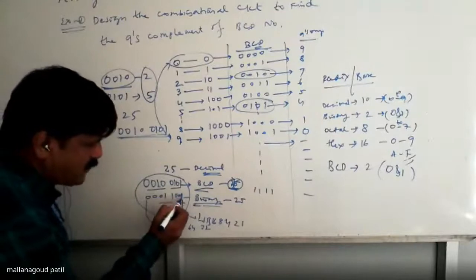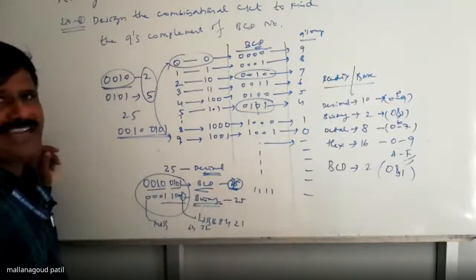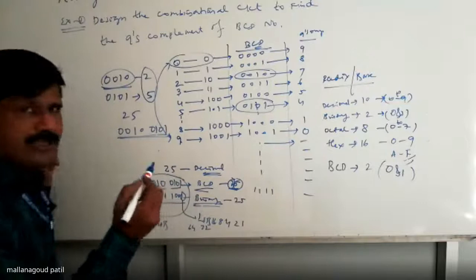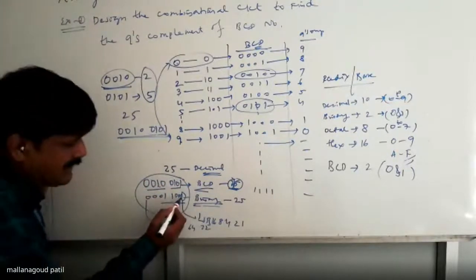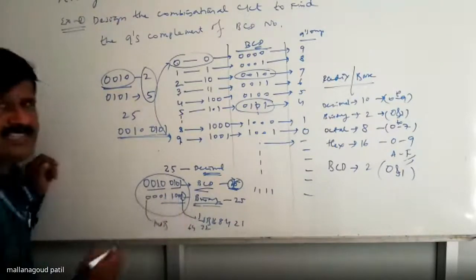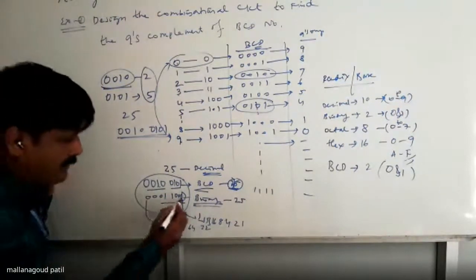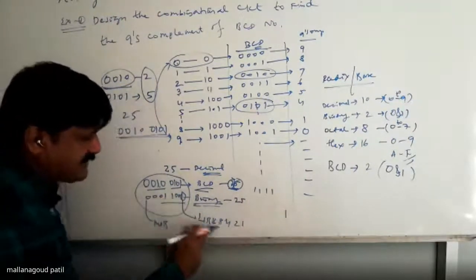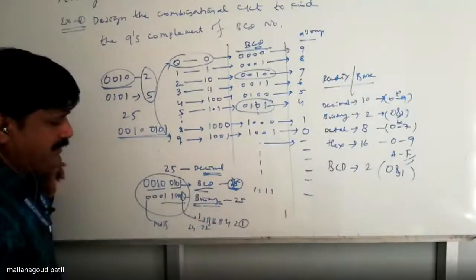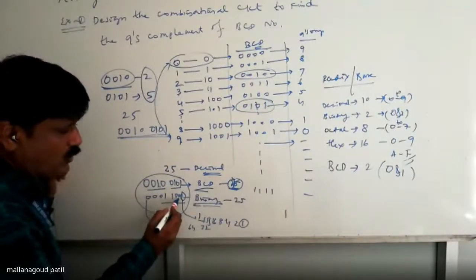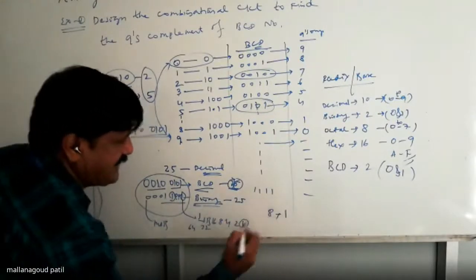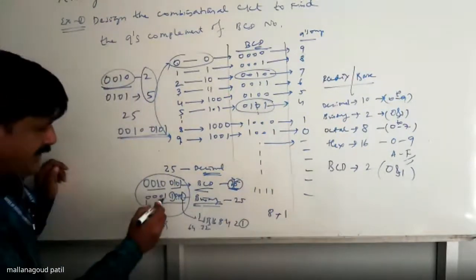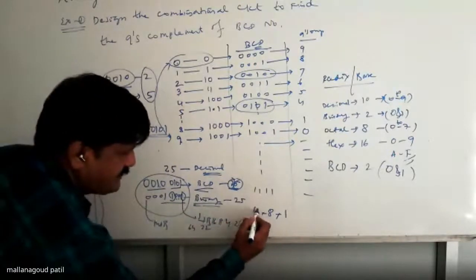In that case, what happens? If its value is 1, you consider that for addition. If its value is 0, ignore it, discard it. What is the position of the least significant digit? 1. Then you have a value 1. Then next one is 2, no. Next one 4 is there, no. Next one 8 is there, so I can write here plus 8. Next one is there, yes, 16.